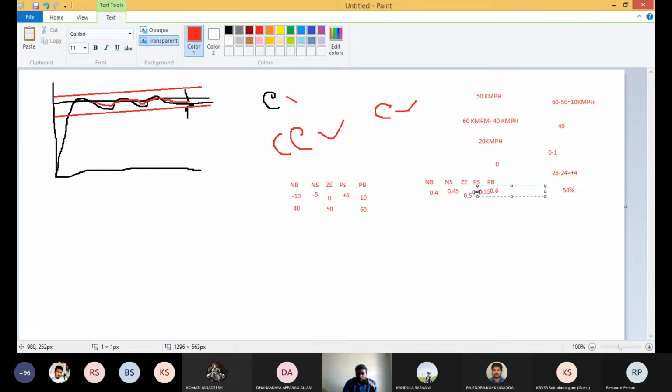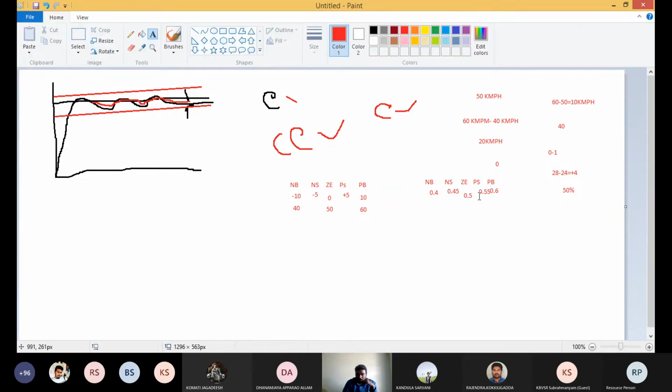Like that, by using the duty cycle formula, you need to set your output variable values. Corresponding to the zero error, you need to set your desired PWM signal, and then based upon the variation between the minimum value and maximum value, you need to set the values.